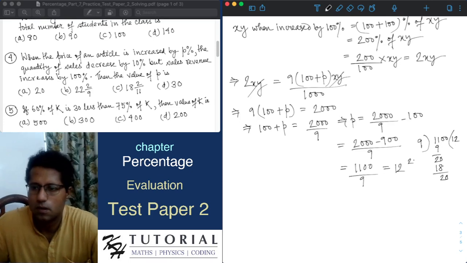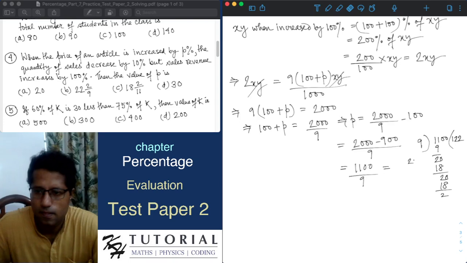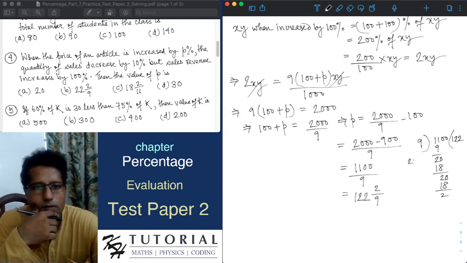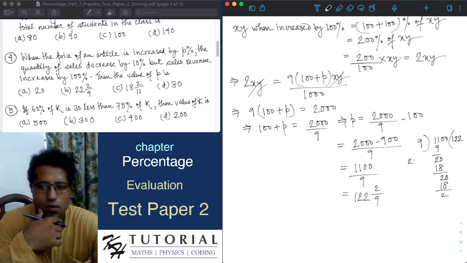It is coming out to be 122 2 by 9, and there is no choice of 122 2 by 9.